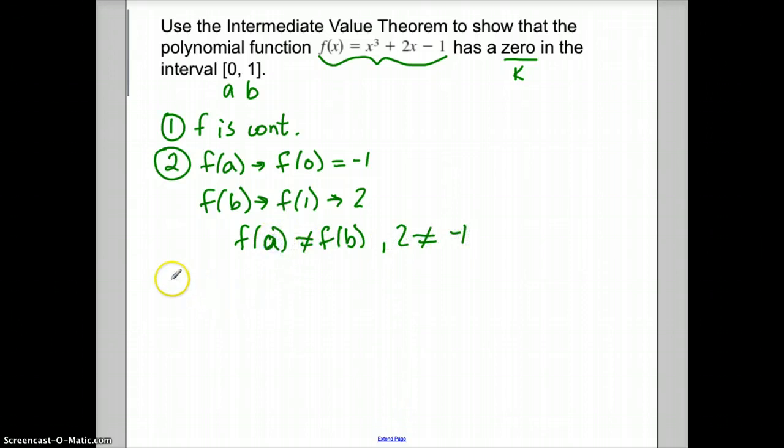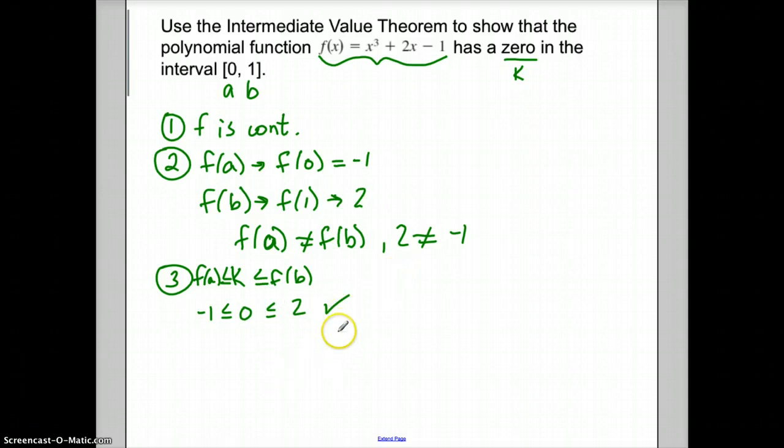So condition number 2 is met, and condition number 3, k has to be between f of a and f of b. Well, f of a was negative 1, f of b is 2. Is 0 in between there? Yes, it is. So condition number 3 is met.